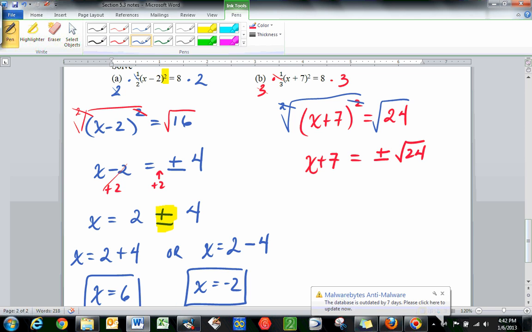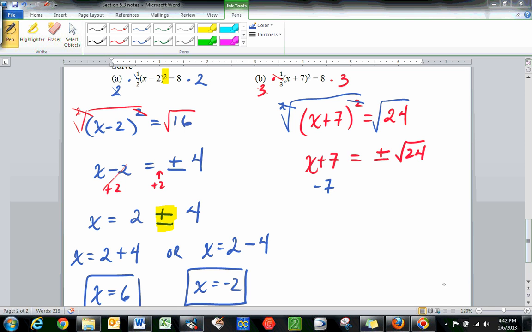Now, I have to subtract 7 from both sides of the equation. Again, very important that I put that negative 7 in front of the plus or minus sign. Those are going to cancel out, leaving me x is equal to -7 ± the square root of 24.